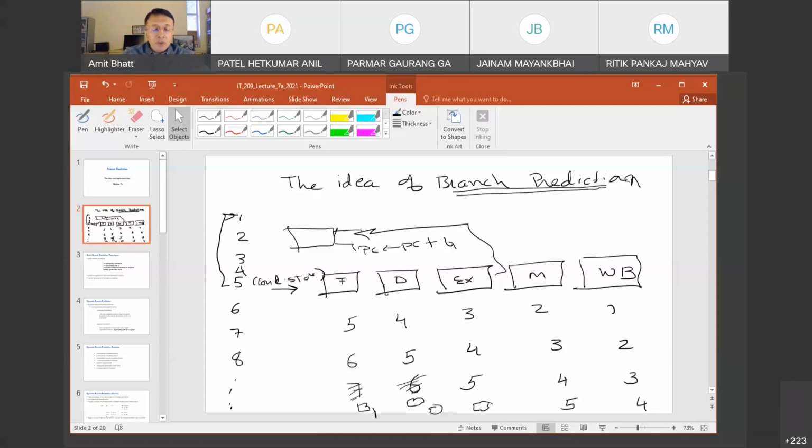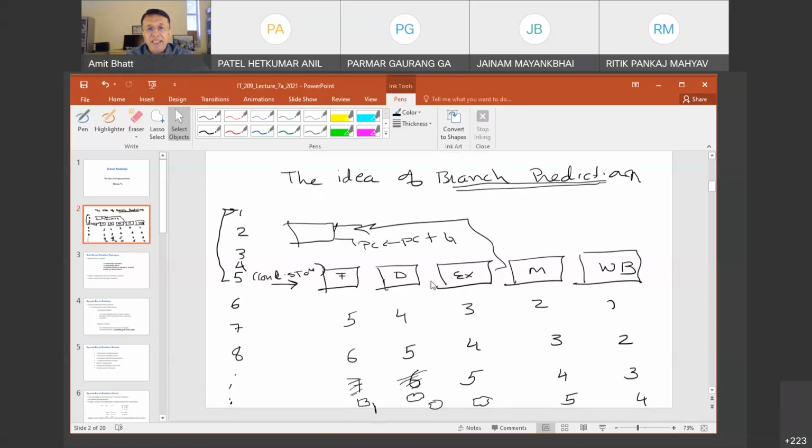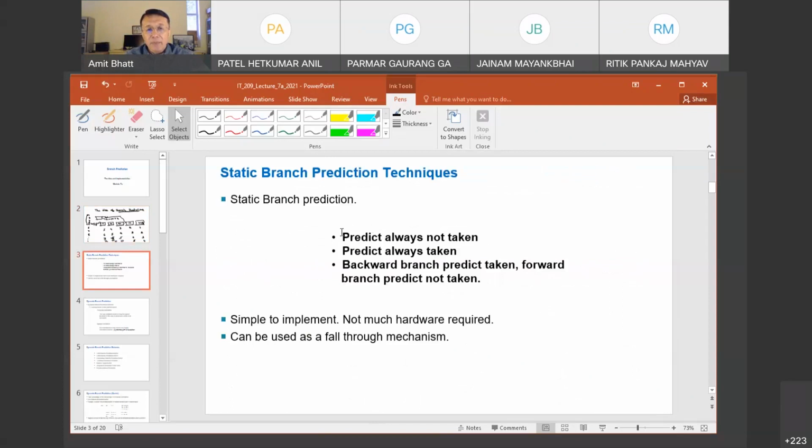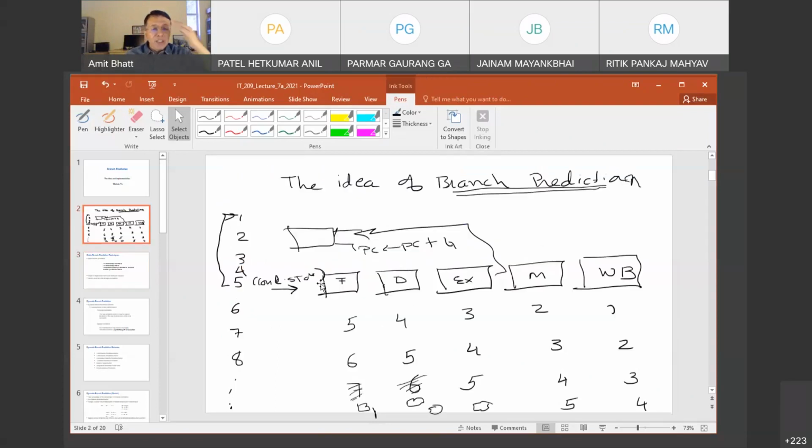So we saw that in static branch prediction, one method is predict always not taken, and the second is predict always taken. In this particular case, which one would be better to us? Can you imagine predict always taken and predict always not taken?